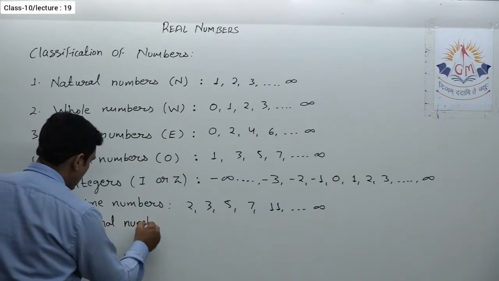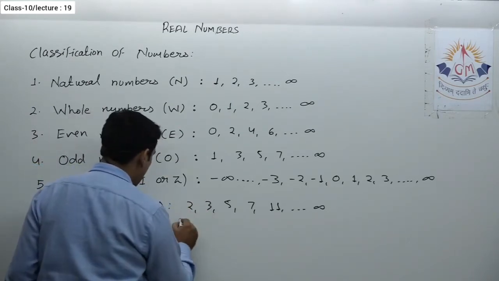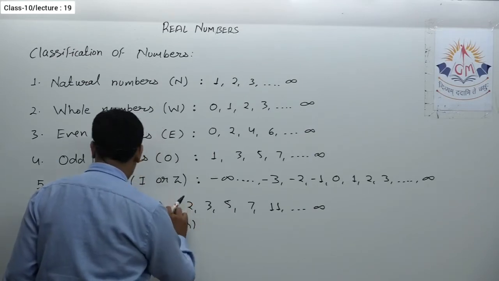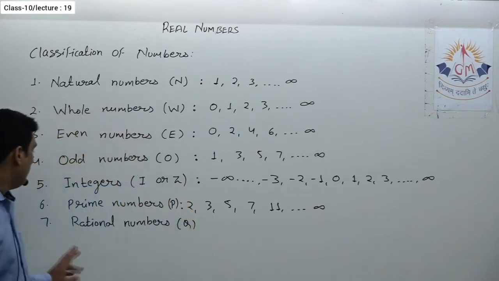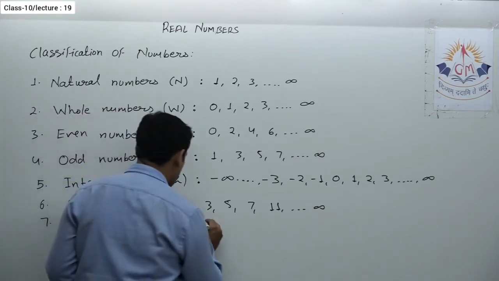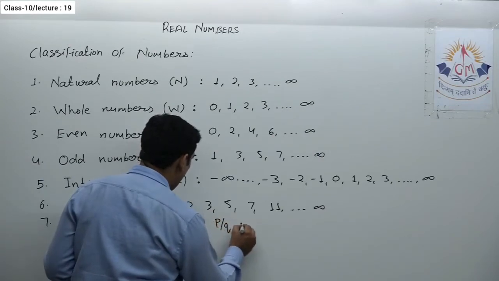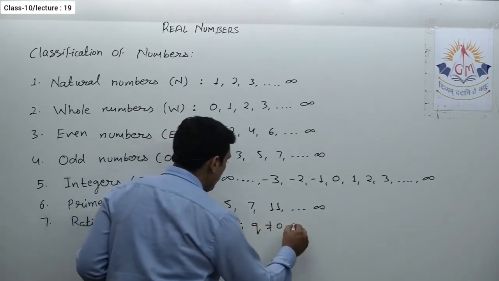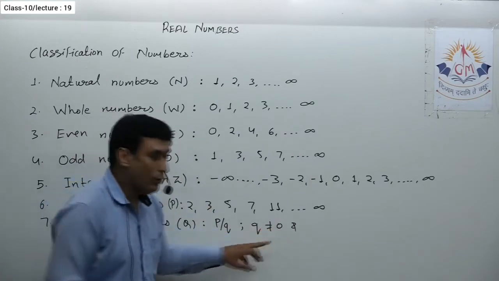Rational numbers are generally denoted by capital Q. There isn't any special symbol for prime numbers, but we are writing P. So rational numbers Q are numbers that can be written in the form p upon q with two conditions: q should not be equal to 0, and p and q must be co-prime.